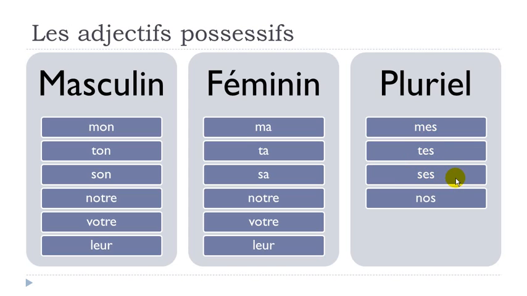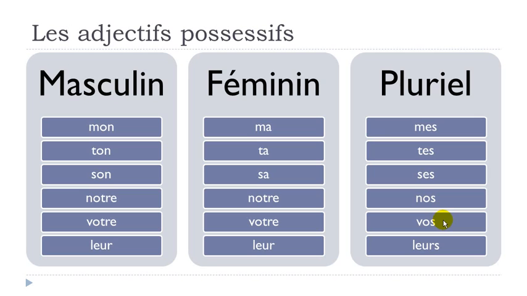And then for the plural, nos, vos, and then leur. Remember, even if you've got this final S, you don't pronounce it, as was the case already for this word, no, you don't pronounce the final S, vos, you don't pronounce it, leur. So if we say that one more time, it's me, te, se, and then nos, vos, leur.